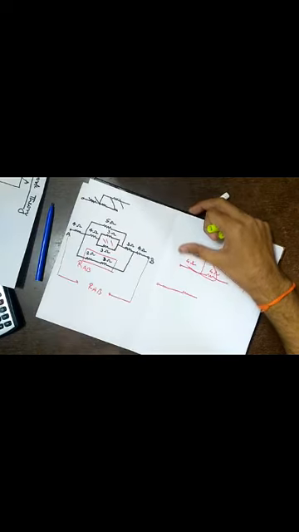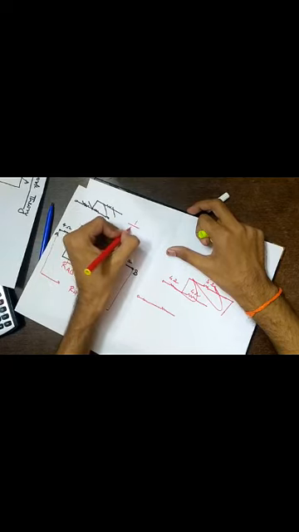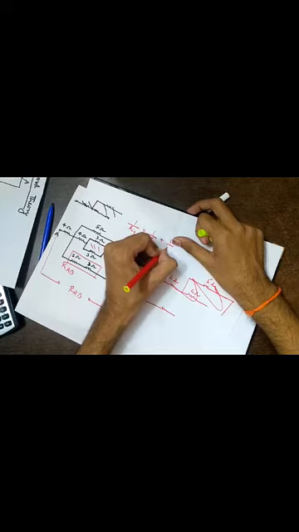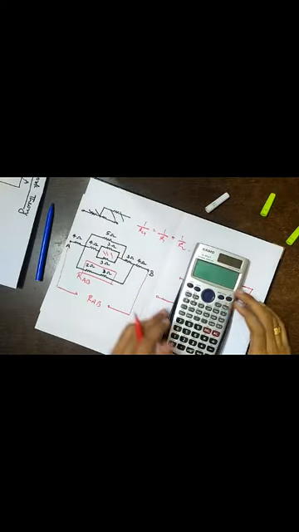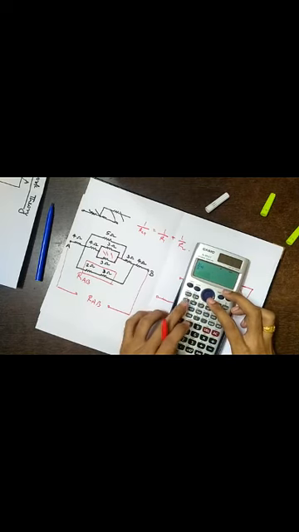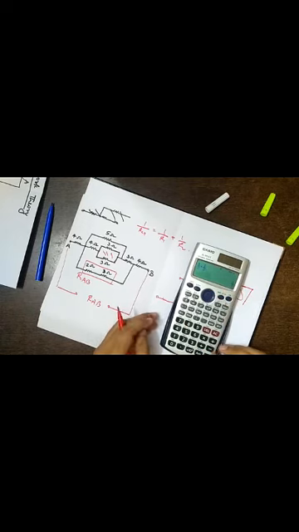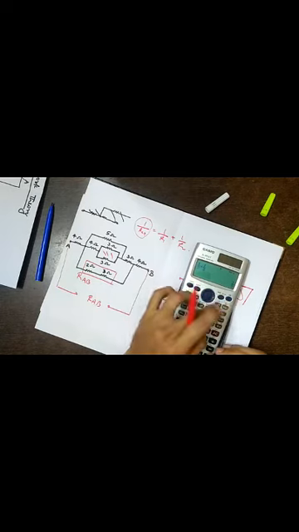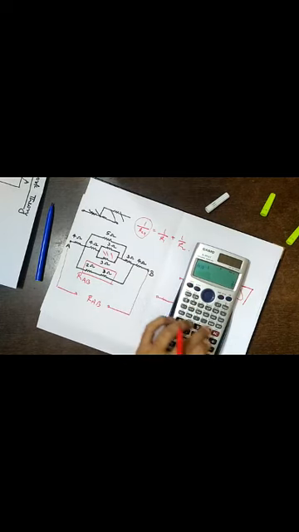Now, I didn't tell you the parallel combination. What is the parallel combination? 1 upon R equivalent equals 1 upon R1 plus 1 upon R2. So this is 3. Usually you will do 1 divided by 3 plus 1 divided by 3 equals, but then you have to again take the inverse.